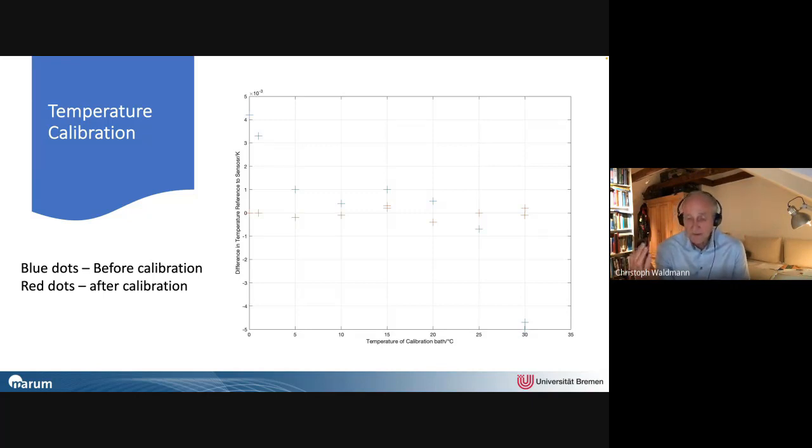In particular, outside the triple point or the gallium point at 28 degrees centigrade. These are well specified, but everything in between is probably not better than 2 or 3 millikelvin. So the absolute temperature is actually worse.